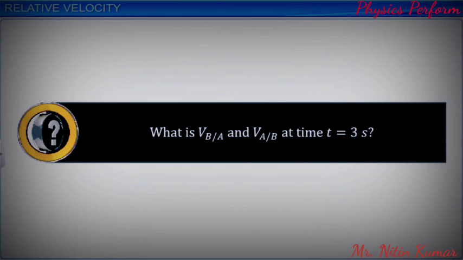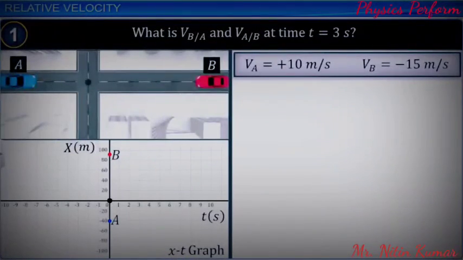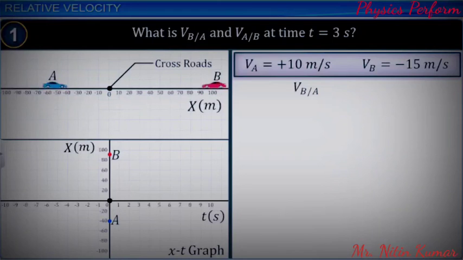1. What is Vb by A and Va by B at time t equal to 3 seconds? Vb by A is equal to Vb minus Va.